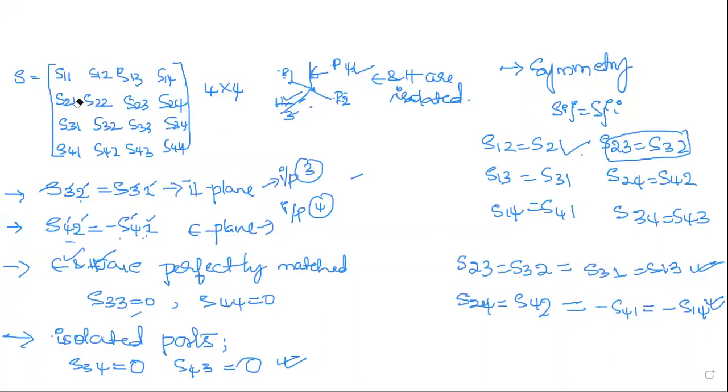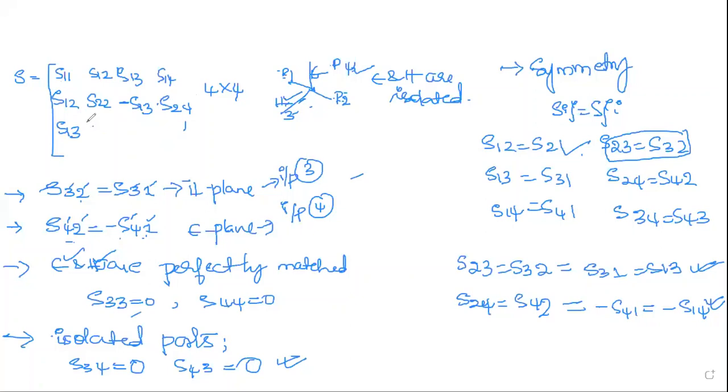Which all will change? We can rub this and write the changed parameters applying the symmetry property. You can write S21 as S12, S23 as minus S13, and you have here S24, or you can write it as S42. Again, the next one you have is S13, the next one is S32.